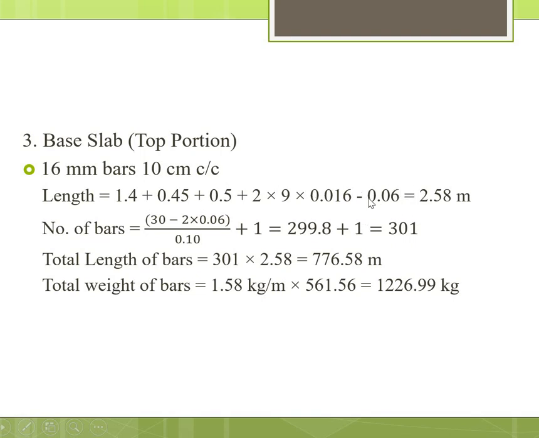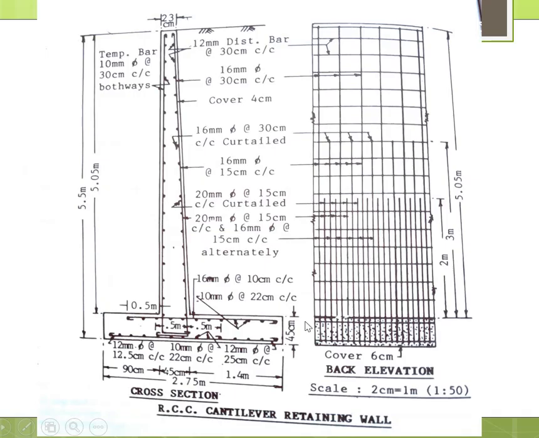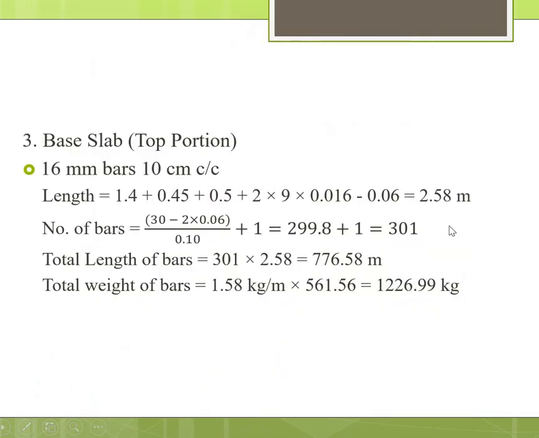Sorry, it's 1.4 plus 0.45 plus 0.5. This 0.5 is the length of this bar which has been turned, but this length is 0.45 itself. So the total length is 1.4 plus 0.45 plus 0.5 plus 2 times the hook, minus the cover on one side, so your length is coming to around 2.58.